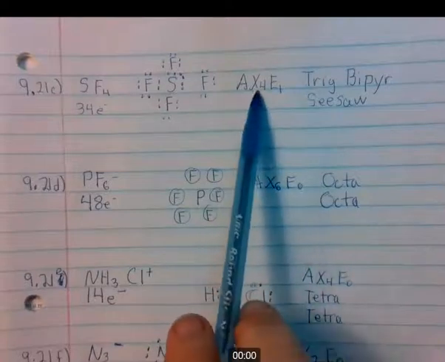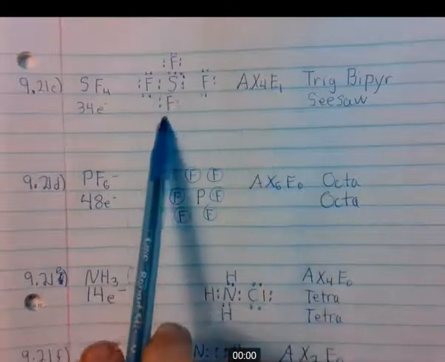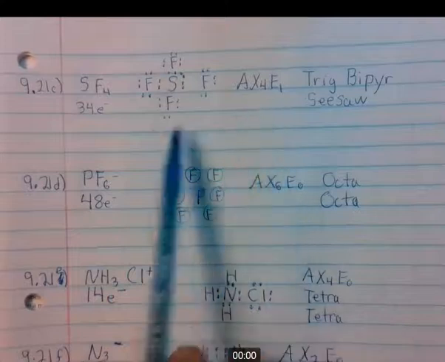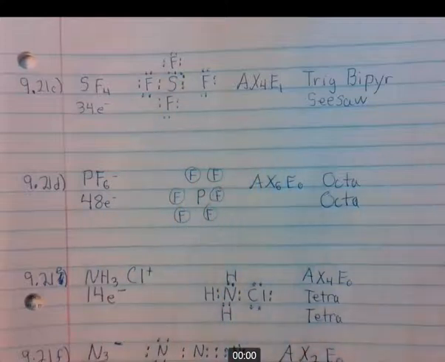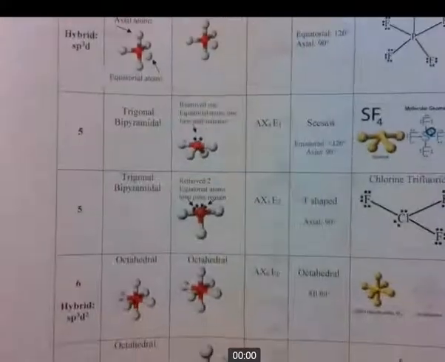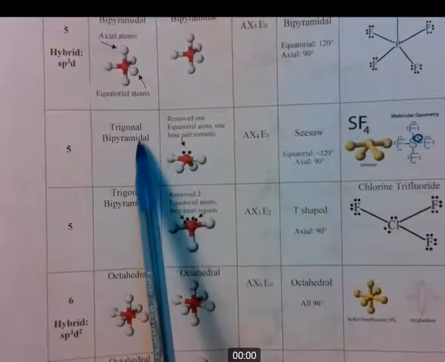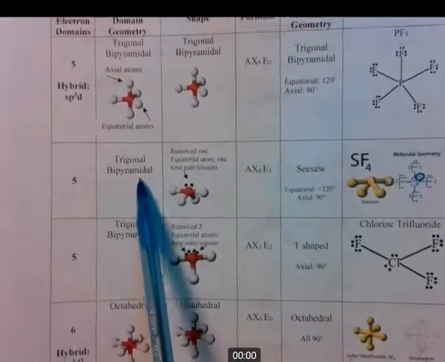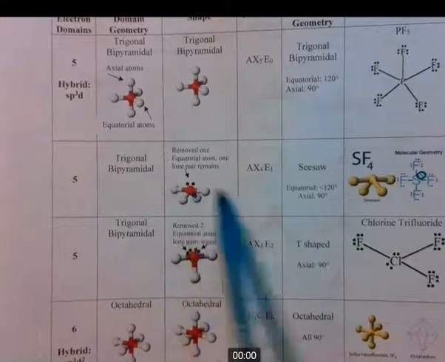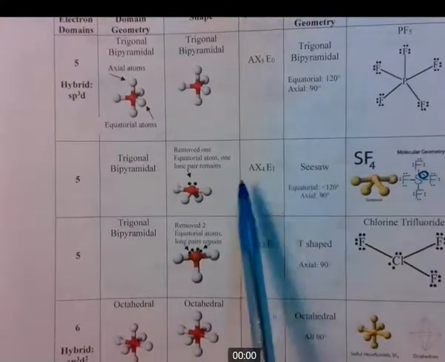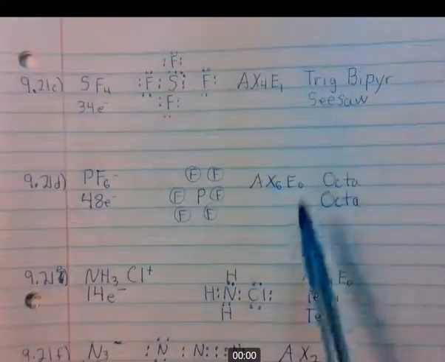So that's going to be an AX4E1 because there's 4 bonding domains with the fluorines, and E1, that's the lone pair. So go to your chart. Right here, there it is, AX4E1, and that's trigonal bipyramidal for the domain geometry, and then the actual shape is the seesaw shape right there.